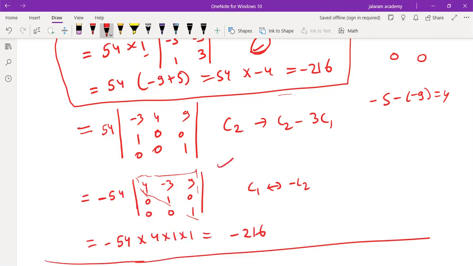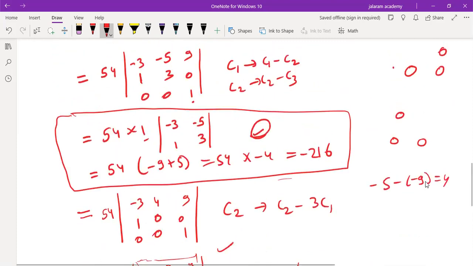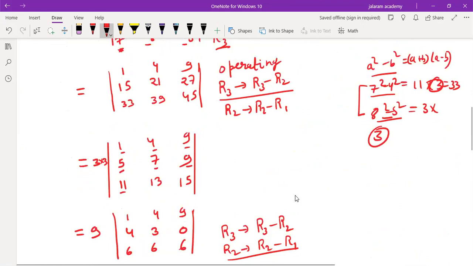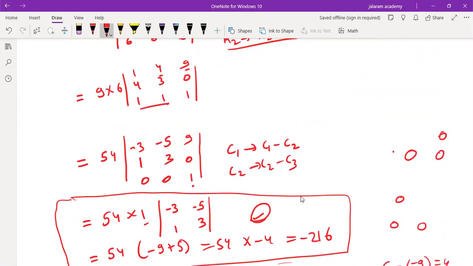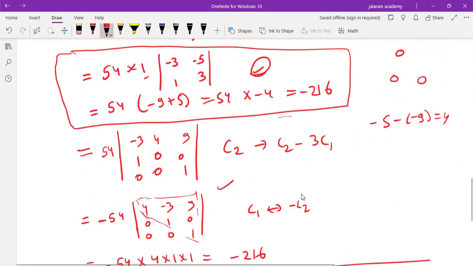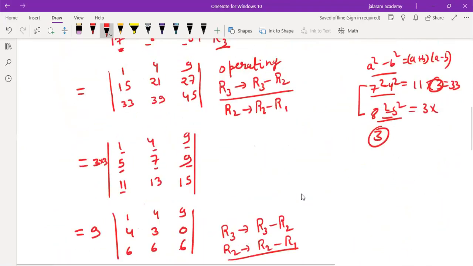So this method will help you to solve the questions which sometimes appear to be impossible to solve, though they are possible to solve. Okay. So remember this method and use it to solve determinants using properties.